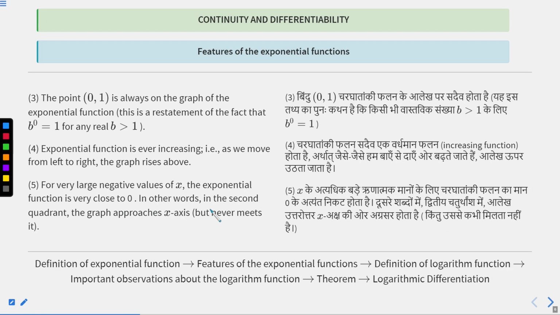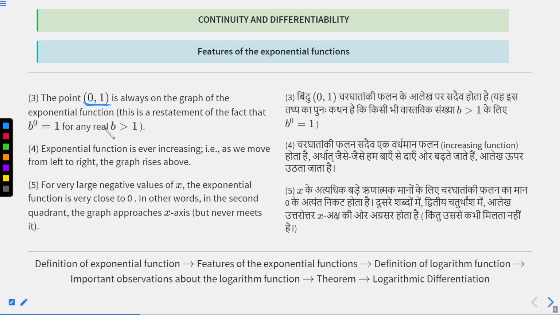Now some more observations, some more features. The point (0, 1) will always be on the graph of the exponential function where we take our base strictly greater than 1. This is a restatement of the fact that b to the power 0 is always 1.